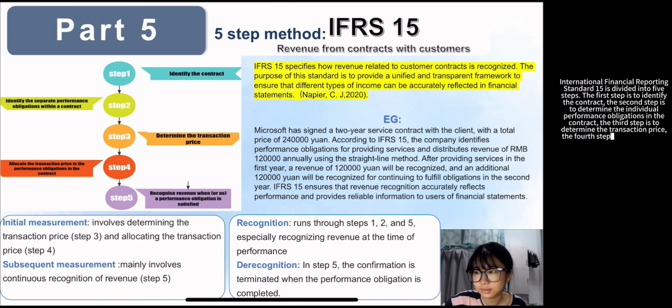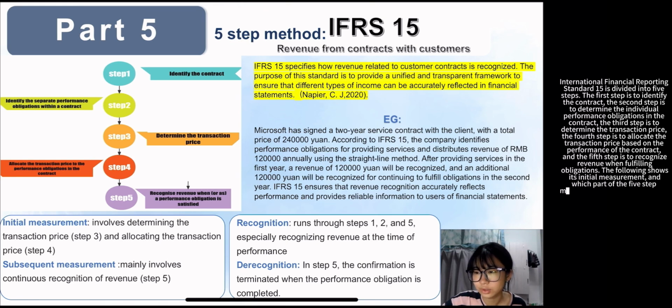The third step is to determine the transaction price. The fourth step is to allocate the transaction price based on the performance obligations of the contract, and the fifth step is to recognize the revenue when fulfilling obligations.